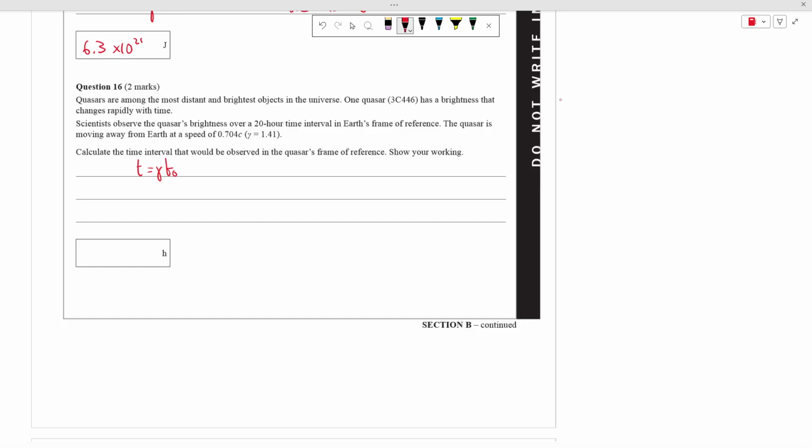Our time interval is 20 hours on Earth. Because our answer is expressed in hours, we don't have to do any change of unit here.